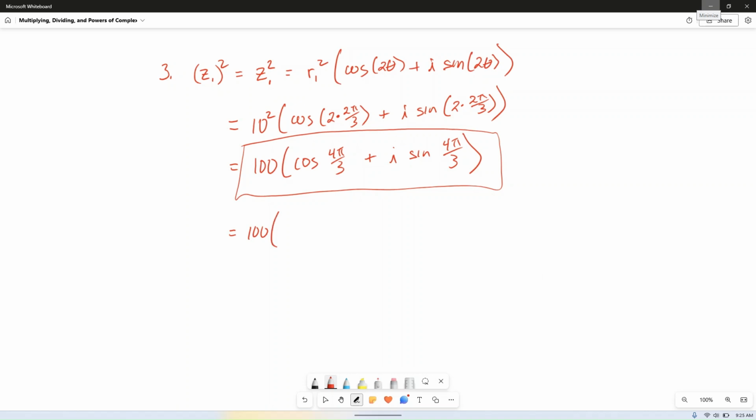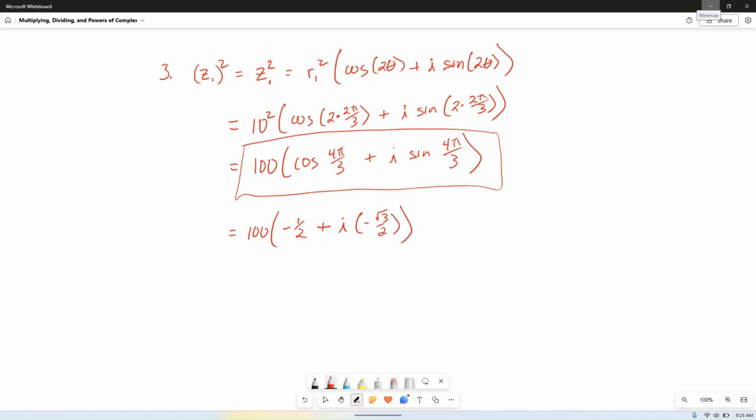Cosine of pi over 3 is a half. 4 pi over 3 is in the third quadrant, so this is going to be a negative 1/2. Then plus i times the sine of 4 pi over 3. Well, sine of pi over 3 is root 3 over 2, and 4 pi over 3 is in the third quadrant, so it's going to be a negative root 3 over 2.